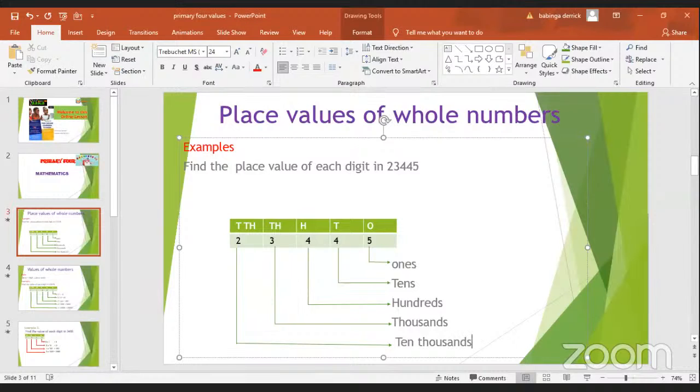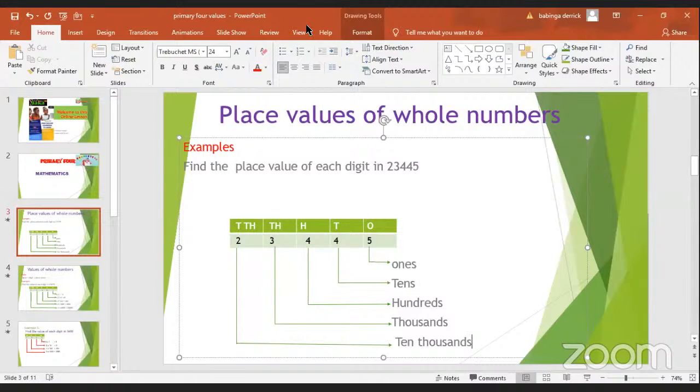So that is briefly about place values, and I hope each one of us can now give place values of different digits. I just wanted us to do a brief revision about it, because I know we've seen this work and we've been doing it.